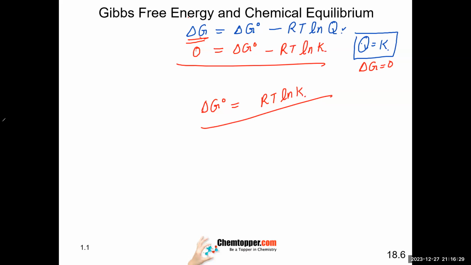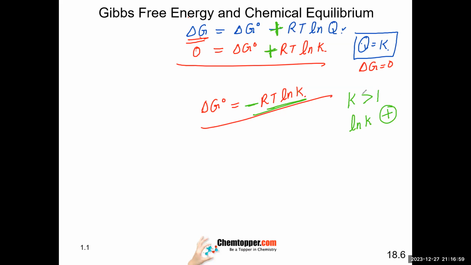Now let's talk about this K. If this K is greater than 1, then ln K is a positive answer. I did some error. This is plus, sorry. And there is a minus here. Children, do correction. This is plus. And there is a minus.